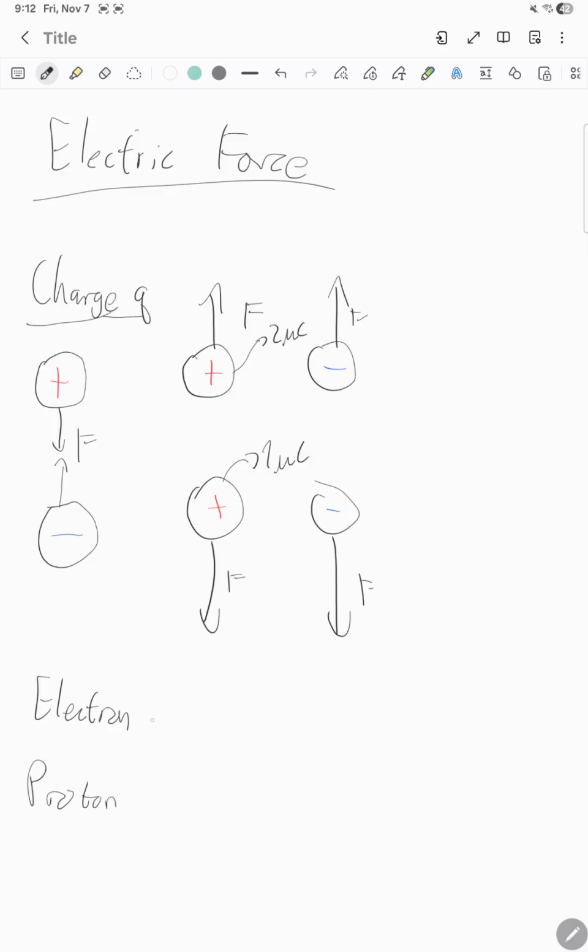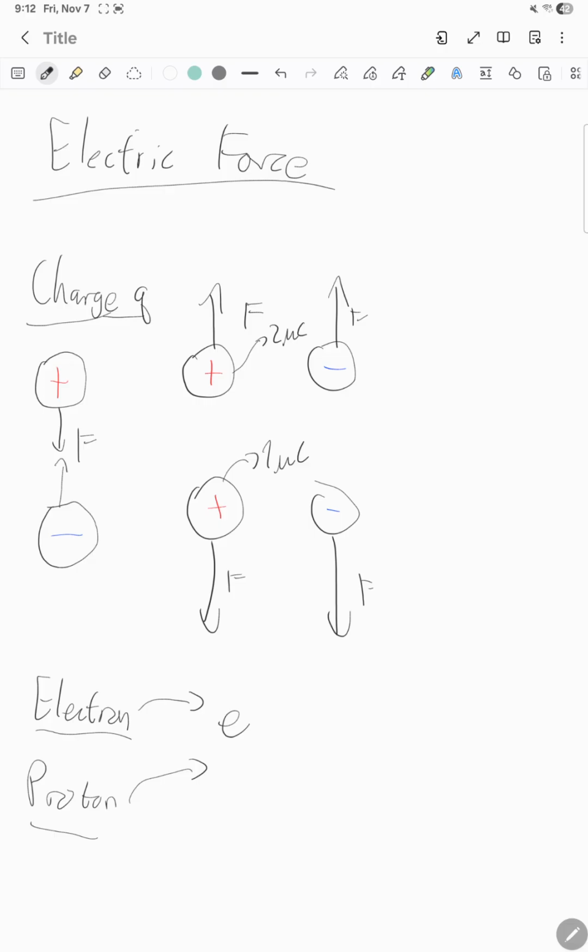What can happen is that instead of giving you the charge, it could say that an electron and a proton are next to each other and interact through the electric force. If so, the electron and the proton have the same magnitude of charge but opposite signs.